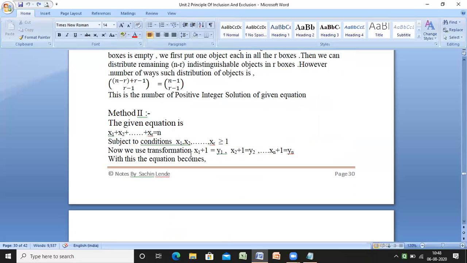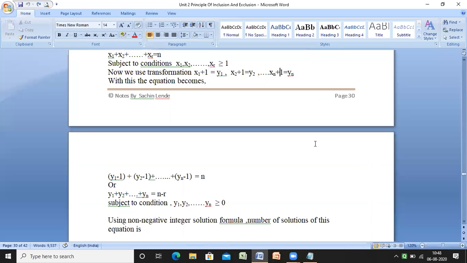Here I add 1 to each variable: x1 plus 1 equal to y1, x2 plus 1 equal to y2, till xr plus 1 equal to yr. So the equation becomes (y1 minus 1) plus (y2 minus 1) till (yr minus 1), and the number of objects is n.